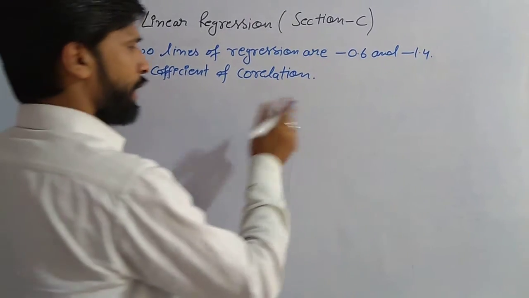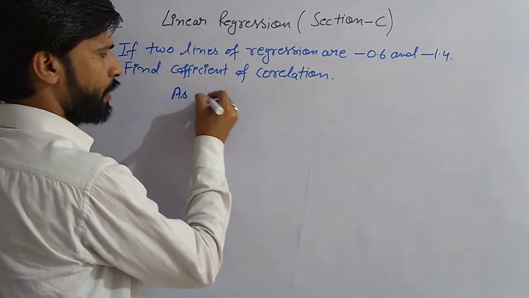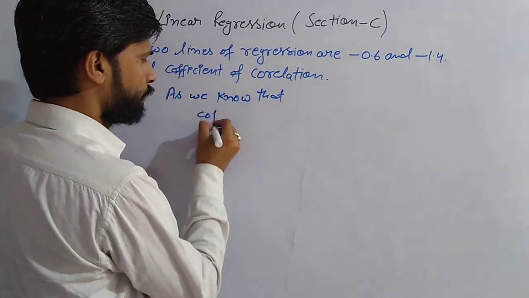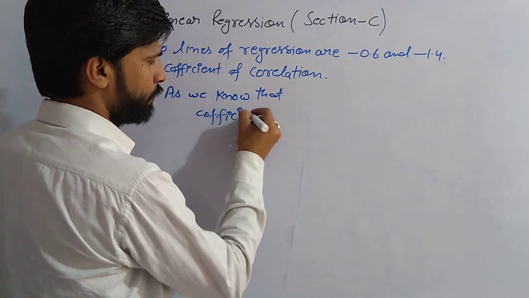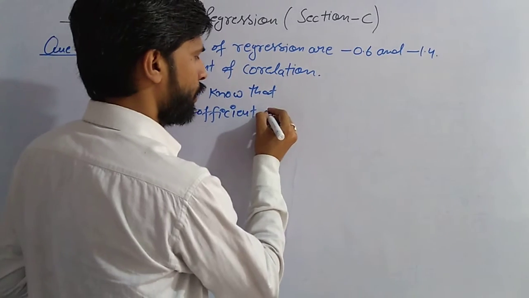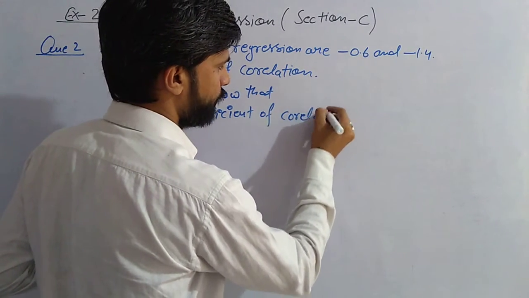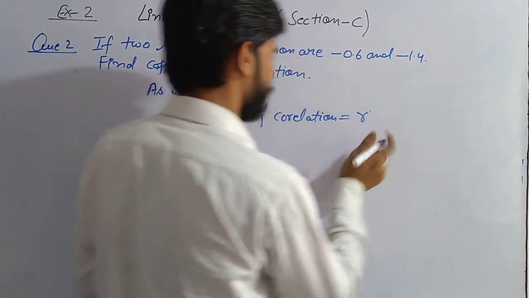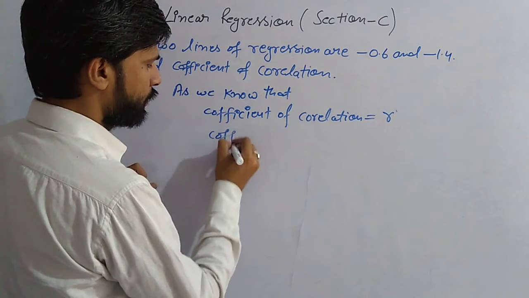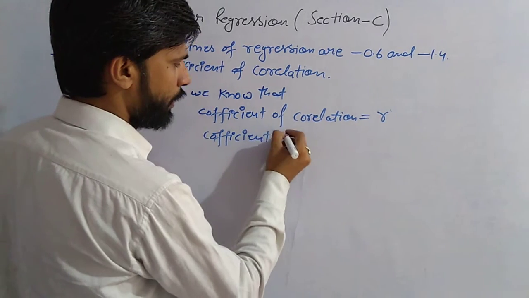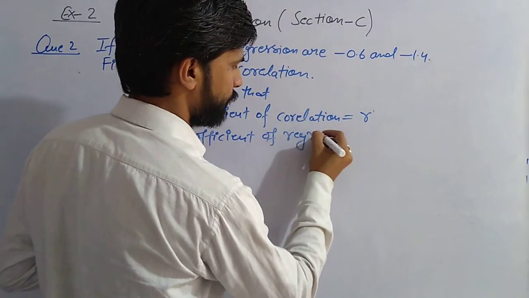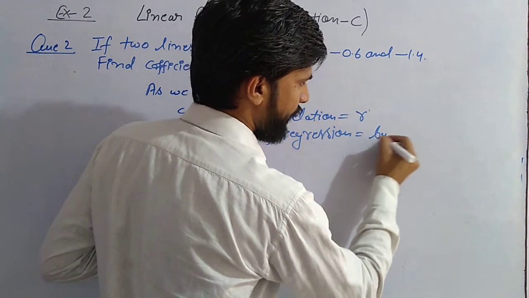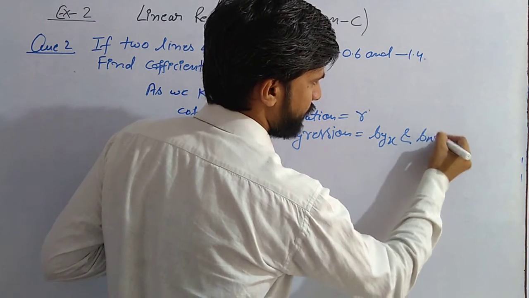Now as we know, the coefficient of correlation is denoted by R, and the coefficients of regression are denoted by Byx and Bxy.